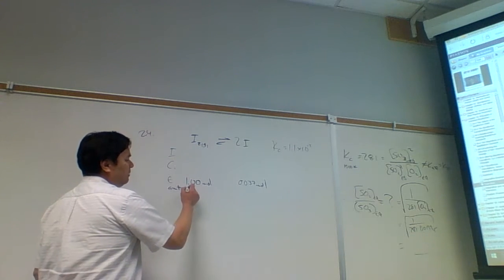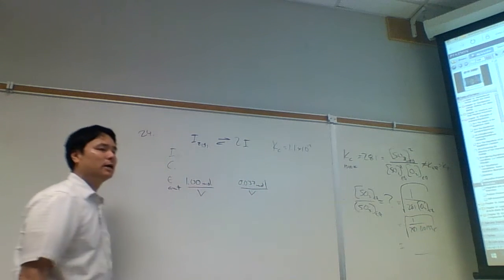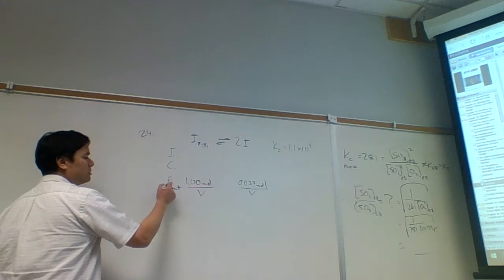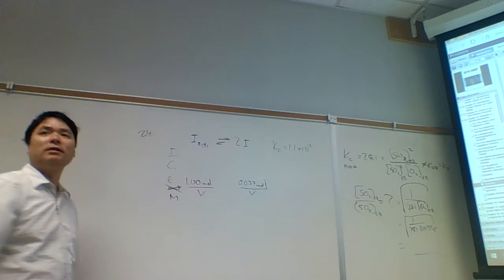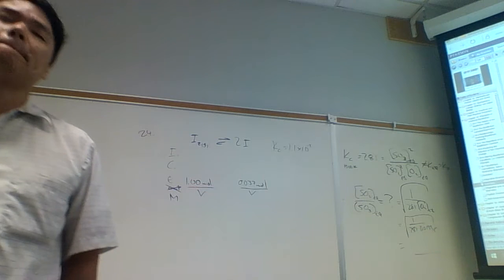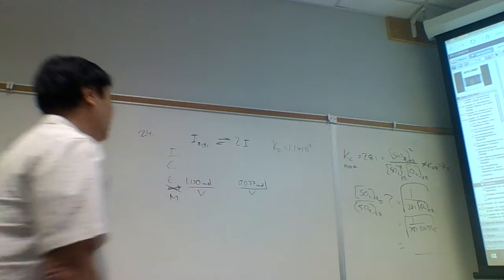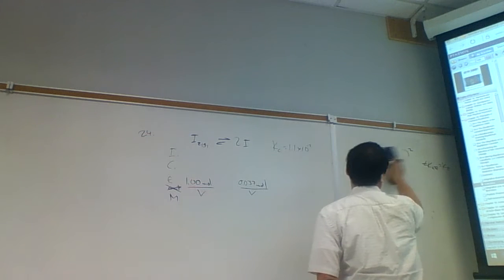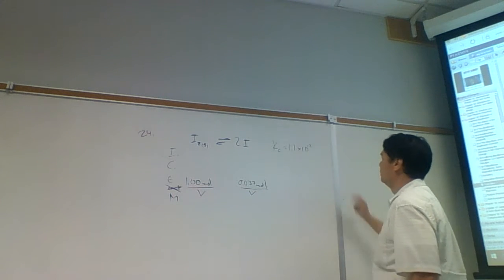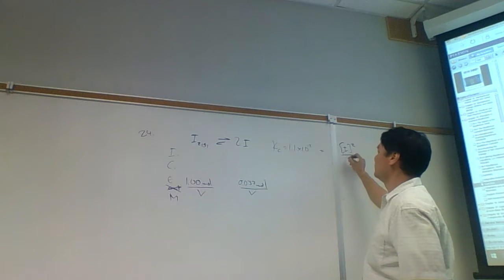In fact, I need the volume, but do they give us the volume? Because I need to convert it into molarity. So I want to go from amount to molarity by just taking the moles and dividing by the volume. Now, they don't give us the volume. In fact, they want us to solve for the volume. And it turns out this is just another variation of trying to solve for our unknown. This is going to be the atomic iodine squared at equilibrium divided by the I2.